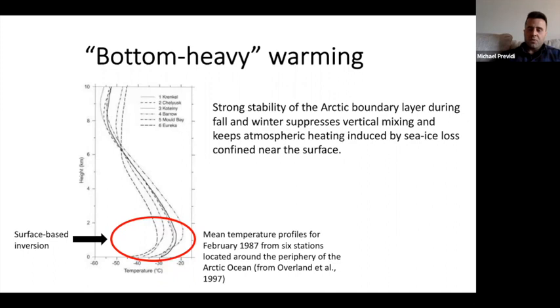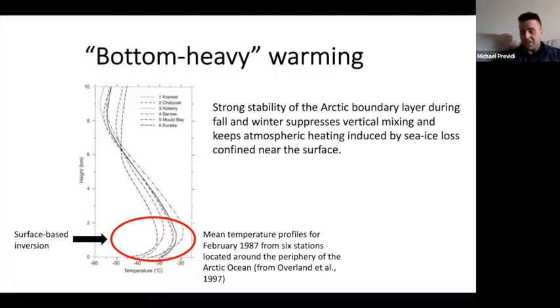And the reason that's important is that this is a very stable atmospheric profile. And what that means is that, since we're in a situation where the coldest air is near the surface, the coldest air is the densest air. So that tends to inhibit vertical mixing in the lowest part of the atmosphere. What that means is that when this heat is released from the ocean into the atmosphere, that heat again gets trapped near the surface because it's not able to be mixed up into the higher levels of the atmosphere.